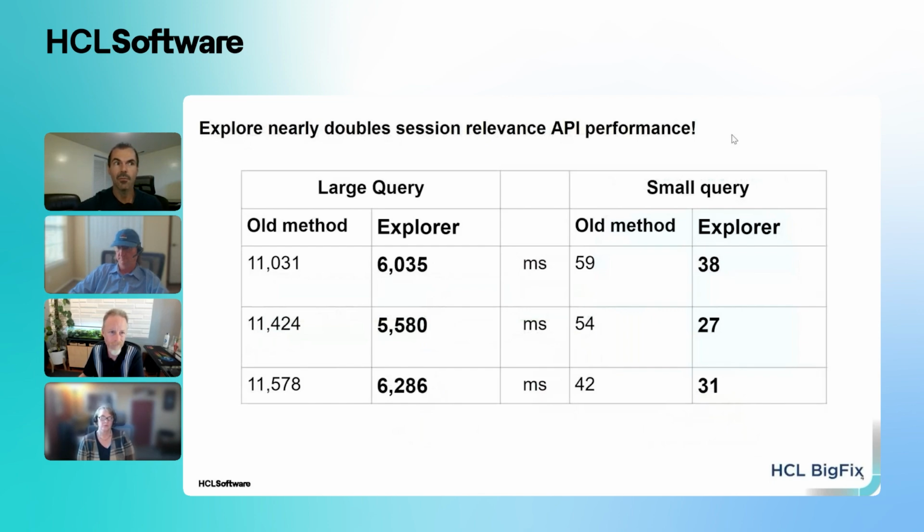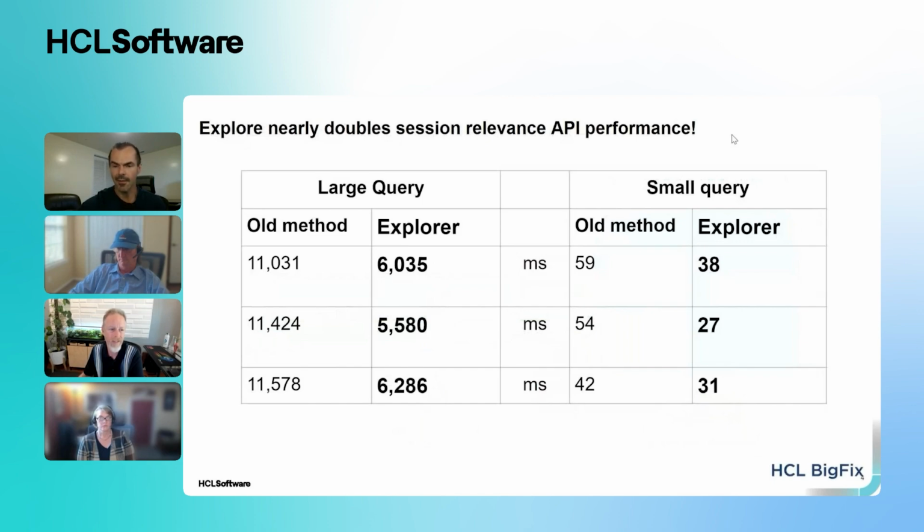This is if you are targeting today your root server with API queries for session relevance. These are our numbers. This is in our test labs, and obviously, there are caveats there. Maybe it's not exactly the real world, but we've thrown some really big, really inefficient queries at it, and that's our left two columns there, and it takes about half the time in Explorer.